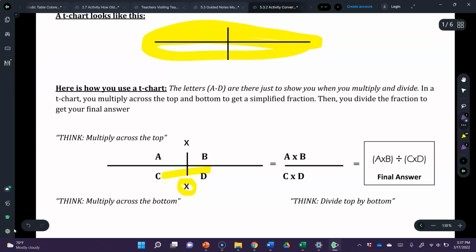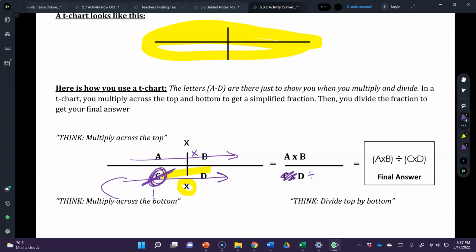So another way to look at that, because we almost never write anything here, that's almost always an invisible 1, is that since we multiply across the top, we would have just this. And so we would multiply, and then if there was a number here, then divide by the bottom. So you think first multiply across, and then divide top by bottom.